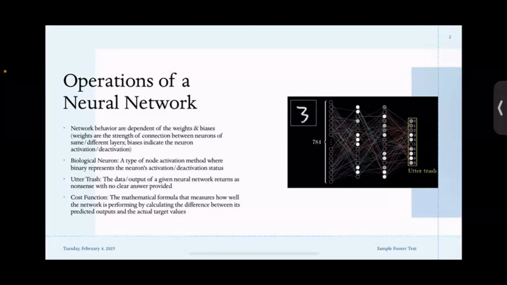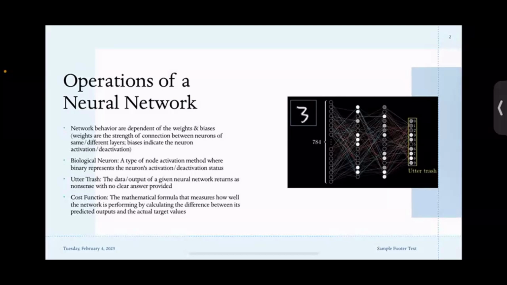Now, utter trash refers to when the data or output of a given neural network returns as nonsense with no clear answers provided. So if you look at the image to our right, we input an input of 3 written, and then it goes through the neural network.